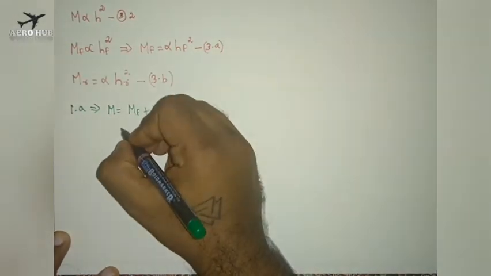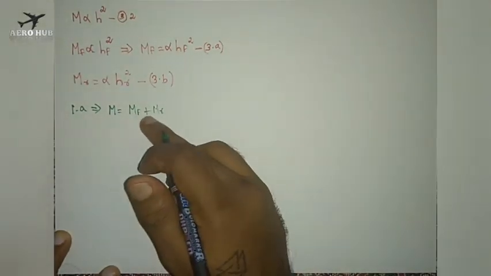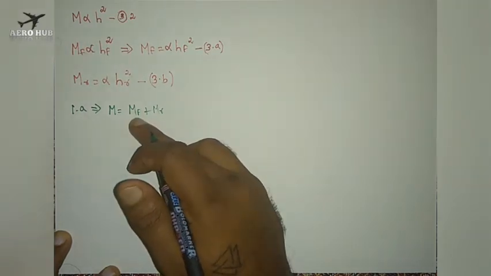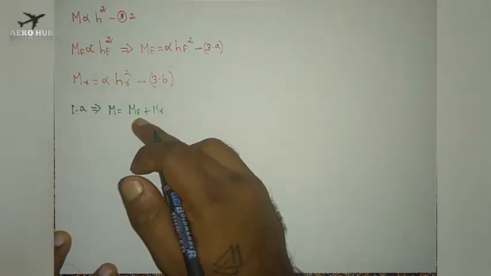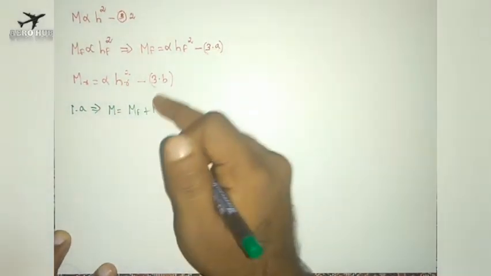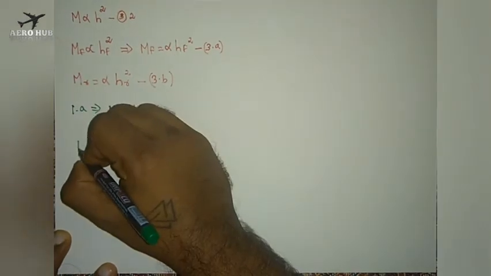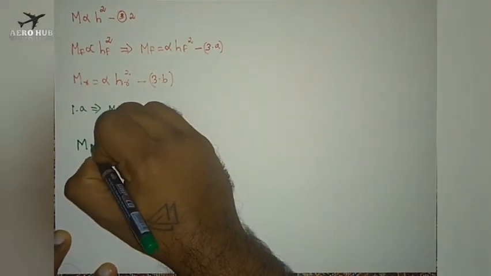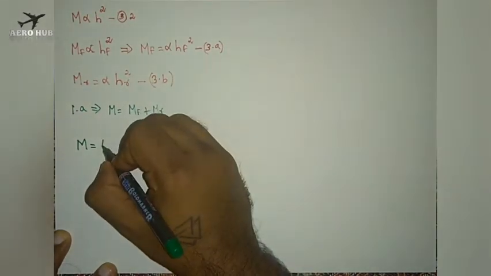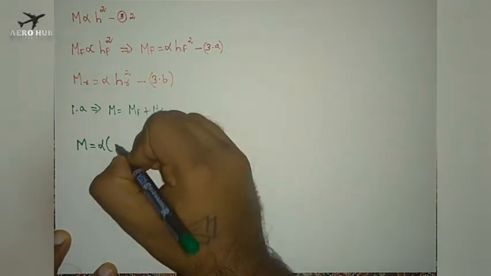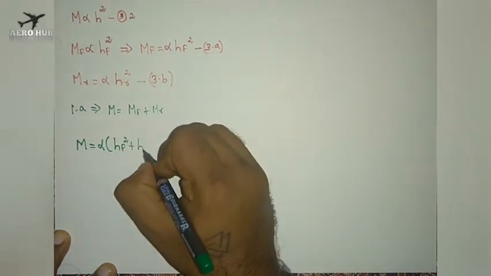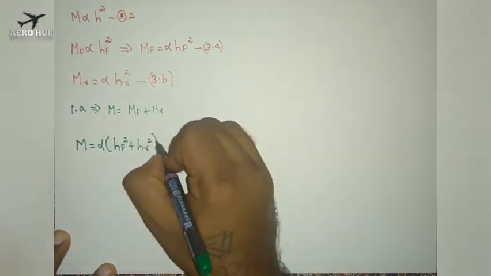From equation 1A, M is equal to MF plus MR, where M is the total moment acting on the root, MF is the moment acting on the front spar, and MR is the moment acting on the rear spar. So I substitute equations 3A and 3B. M is equal to alpha, which is common, into HF square plus HR square.